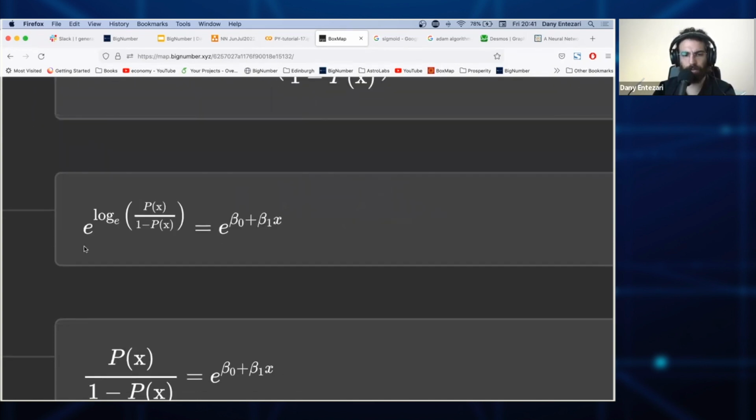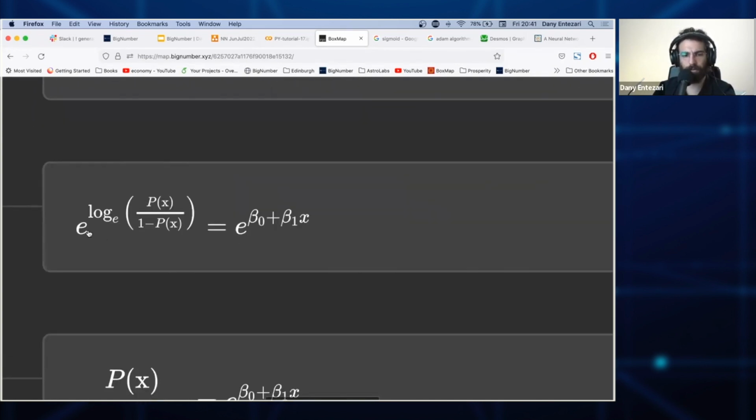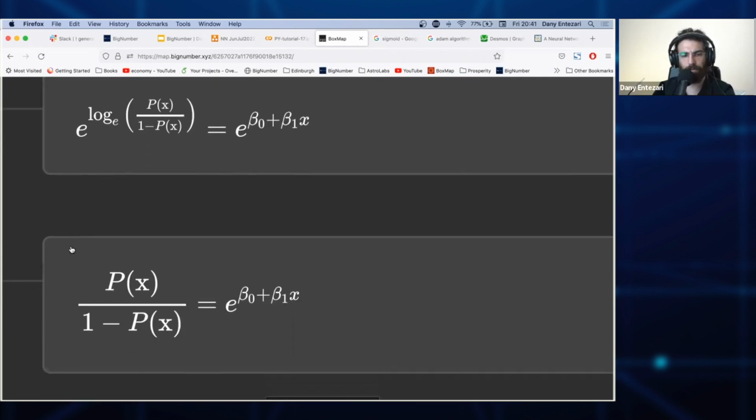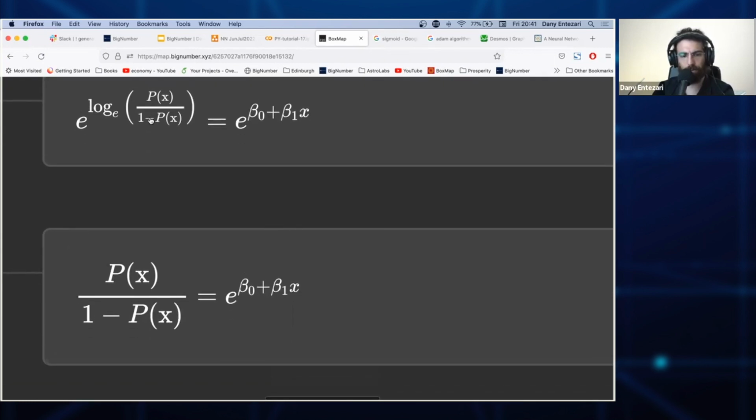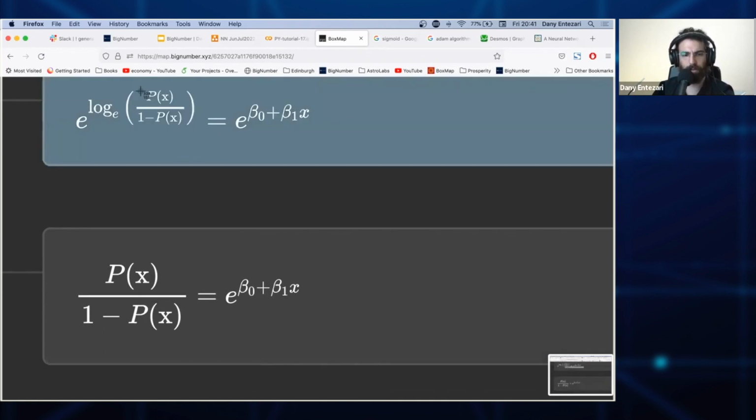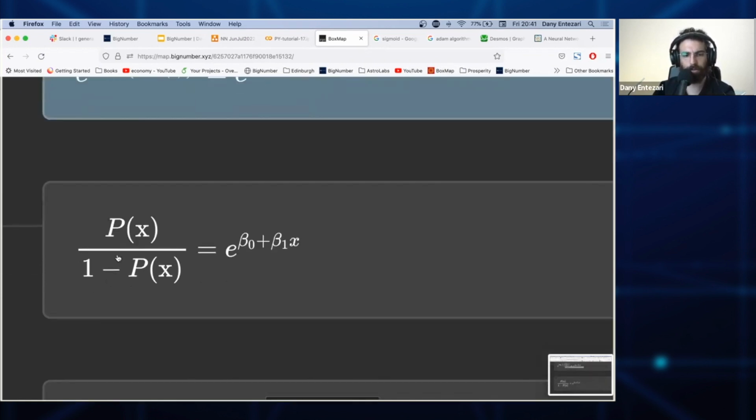And that's what we're doing here. We've taken the expression above and raised it to e, but this is algebra, so we have to do it to the other side as well. Then, of course, e to the power log e will get eliminated. And this expression comes down here.